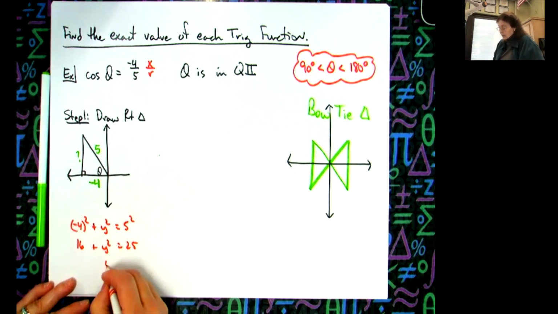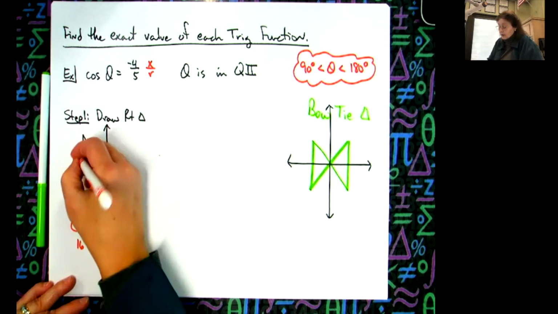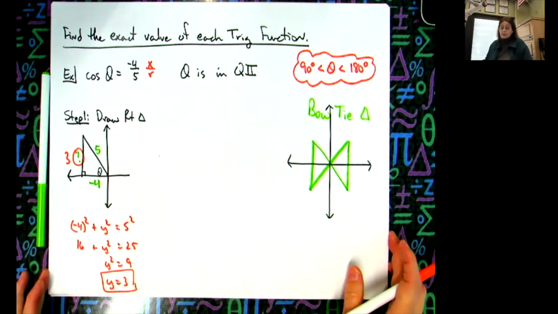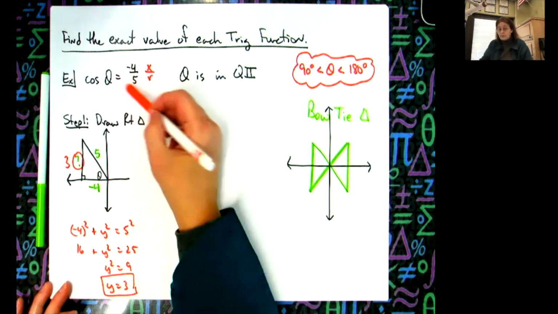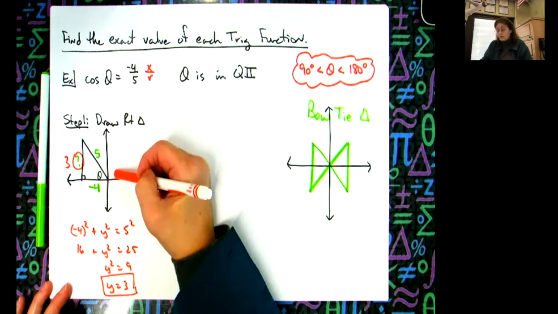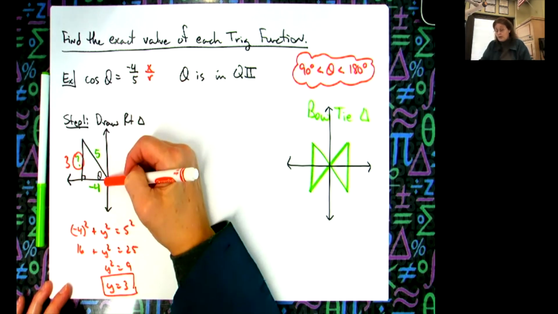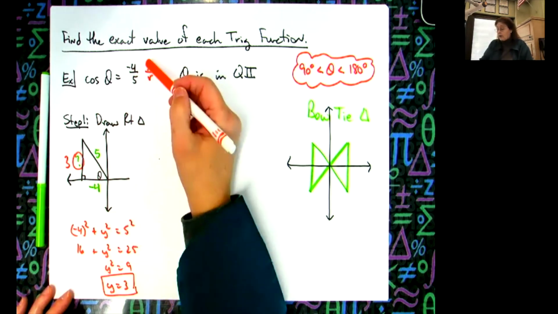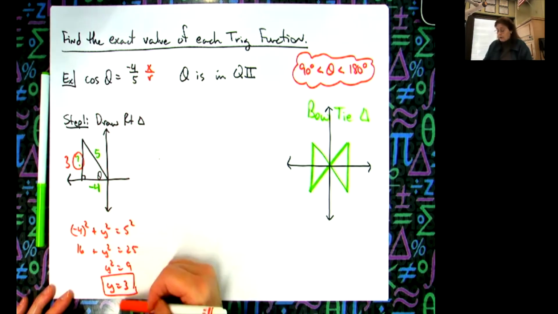That's going to be 9, so y equals 3. This value right here is 3. So I need to use the bow tie triangle, take the information they give me, remember the definition, draw that right triangle, label my sides, and figure out the missing side. Now I know my x value, my r value, and my y value.